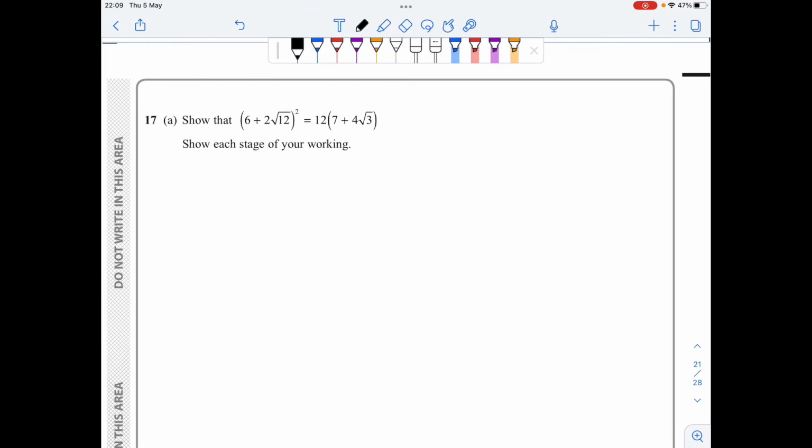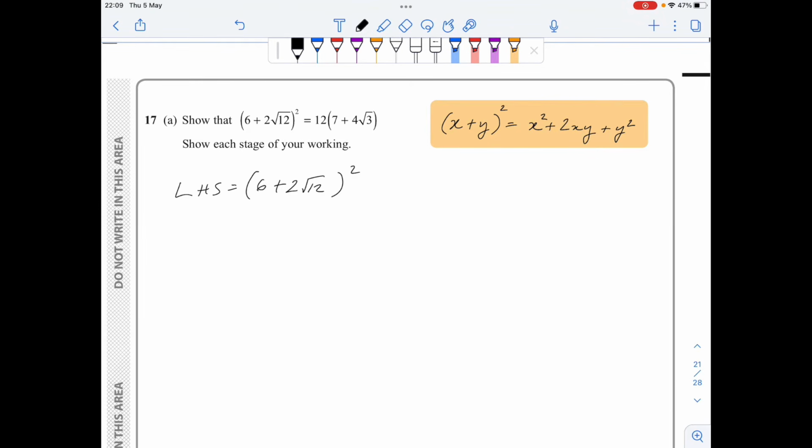For part A, I will use the following identity. Let's start with the left-hand side. I've got 6 plus 2 root 12, squared. This is equal to 36 plus 2 times 6 times 2 root 12 plus 2 root 12 squared.